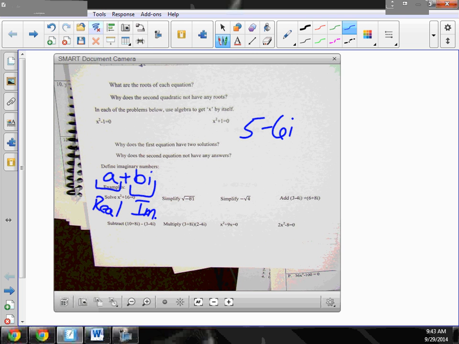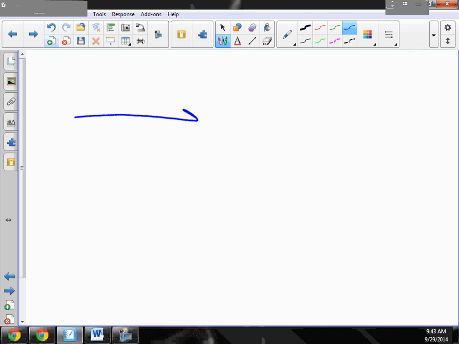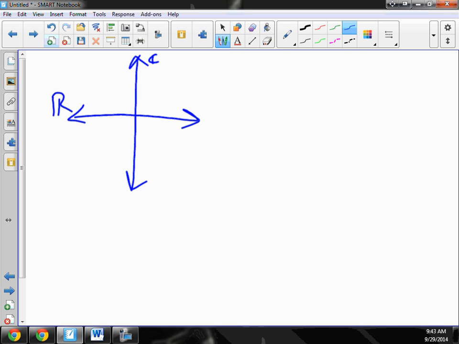If you were to graph the real number line, that's the real number line. Well, you can graph complex numbers if you call this the complex axis. So 5 minus 6i would be right there. Now that's not a normal graph. The graph on your calculator has an x-axis that's real numbers and a y-axis that are also real numbers.